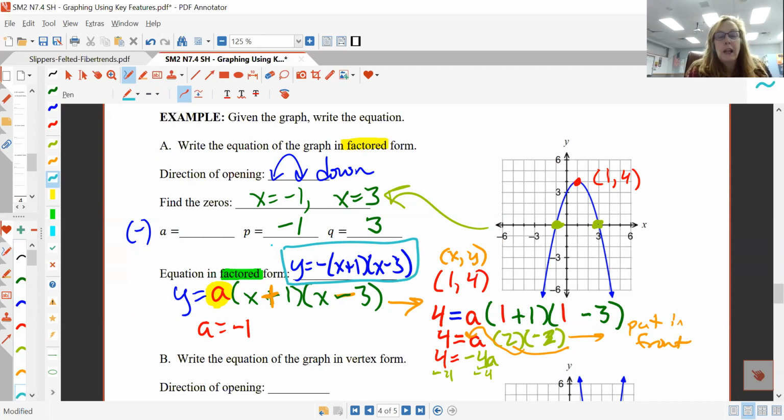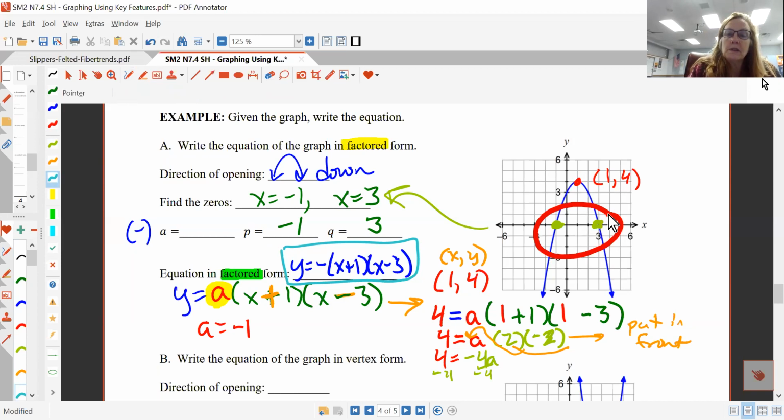Finding the actual a value, you have to do a point calculation. Once you have the formula, you need to put it in as a point calculation in order to find your final value. So that's finding it as a factored set, okay?